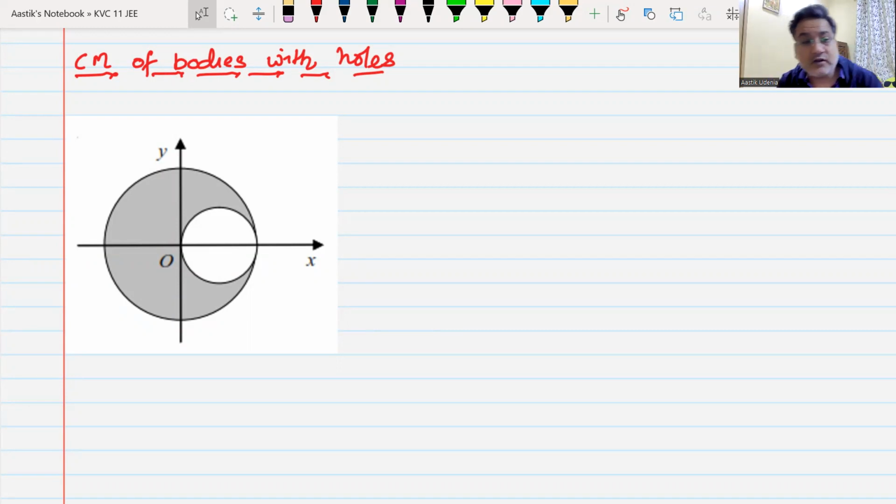We only need to find out the x coordinate of this body. How are we going to find out the x coordinate? The y coordinate we already know will be 0. How do we find out the x coordinate of this body?